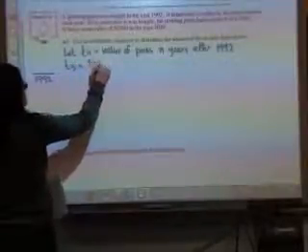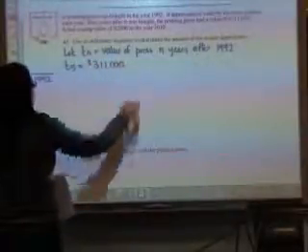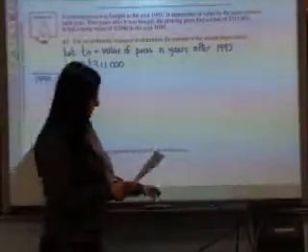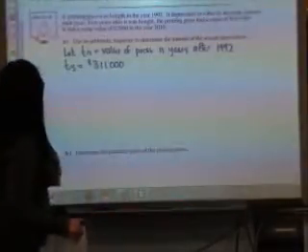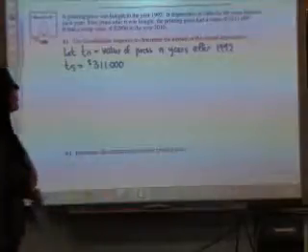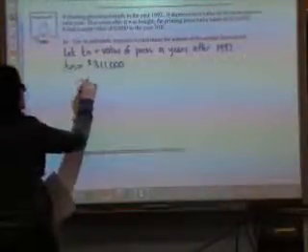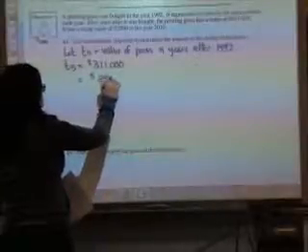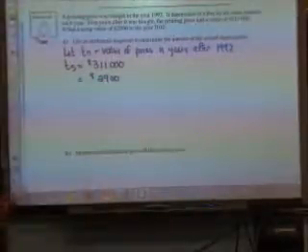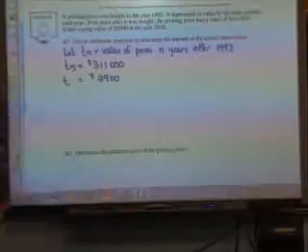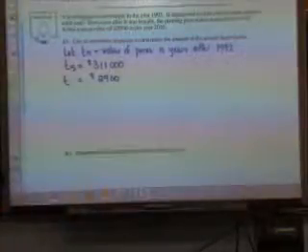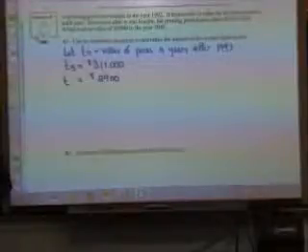So T of 5 would be $311,000. In 2010, it has a value of $2,900. Well, what term is that? So how many years after 1992 is 2010? 18.